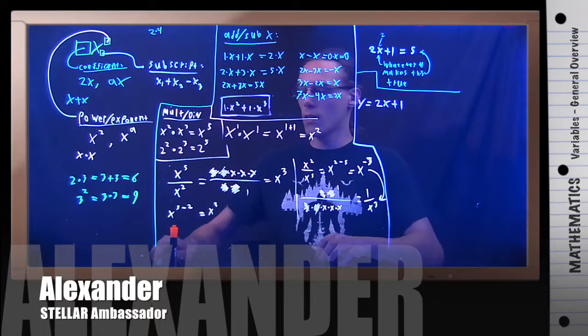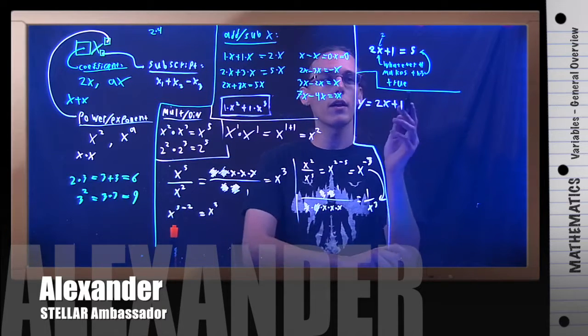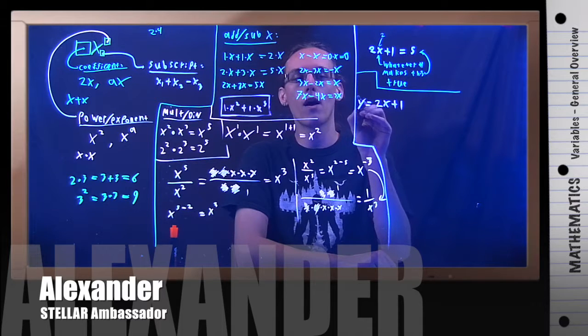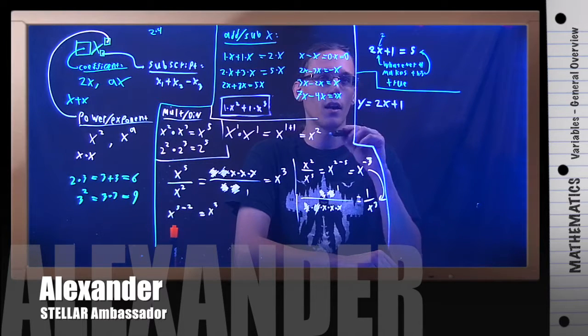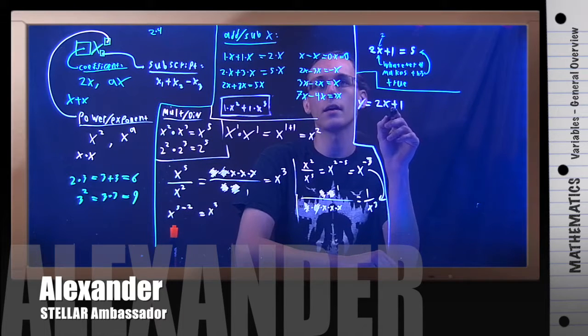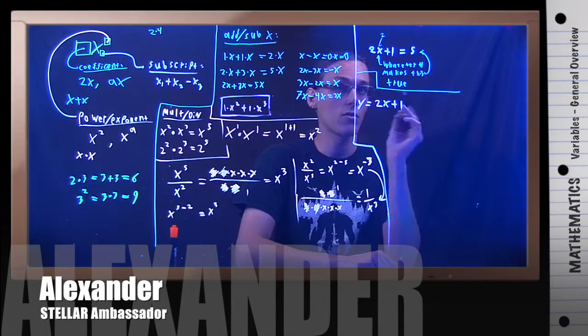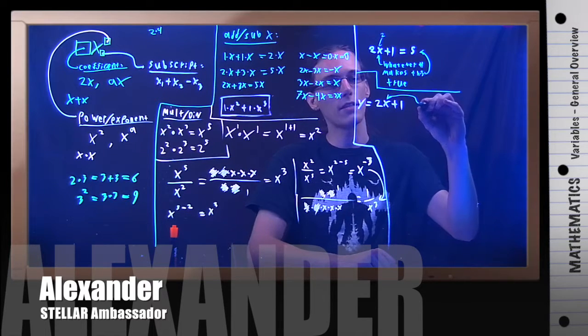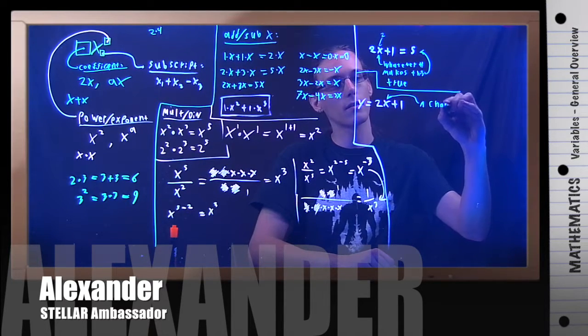Here, it's the same idea: whatever number makes this true. But the thing is that you're not told that y is some specific number. Instead, you're told that y equals whatever this comes out to be given some x. So here, x is actually allowed to vary. It's a changing number.